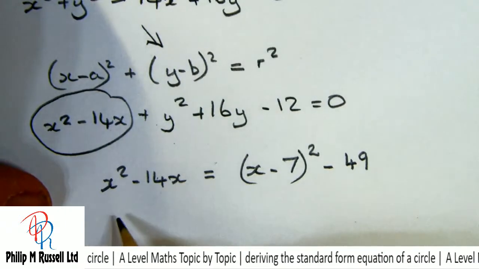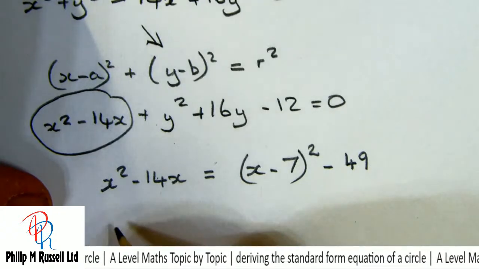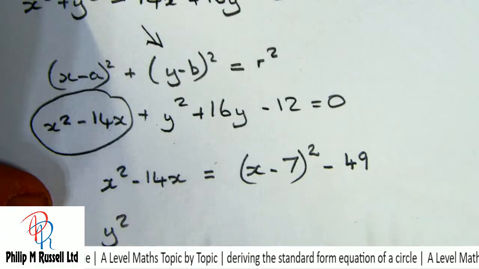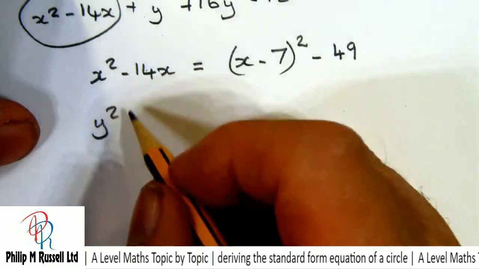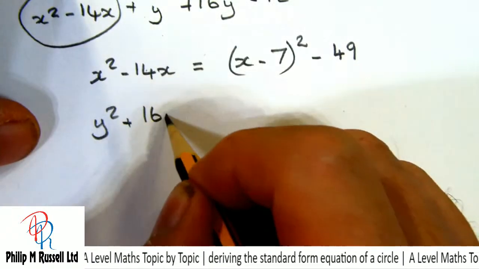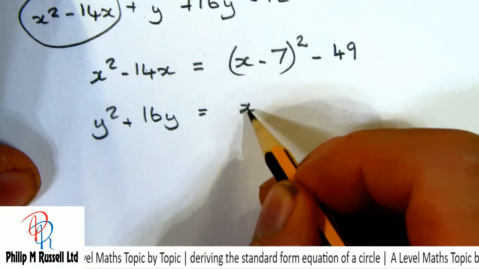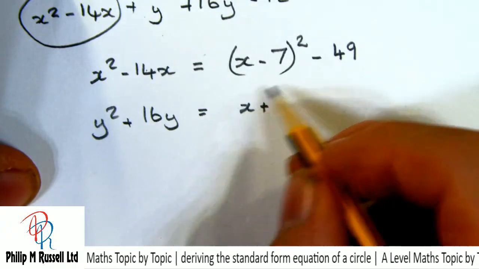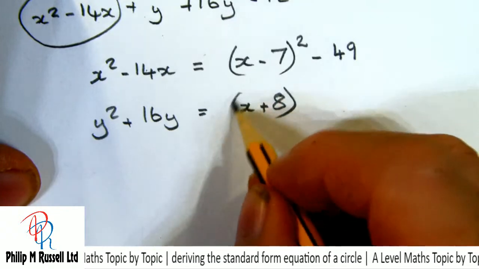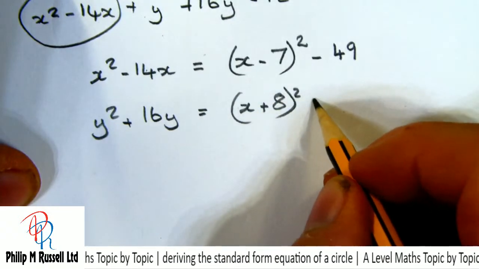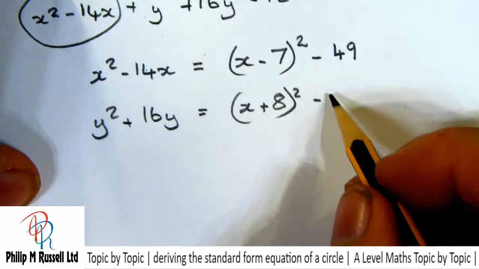Let's do this for the other one. We've got y squared plus 16y, so this is going to give me y plus 8 all squared minus 64.